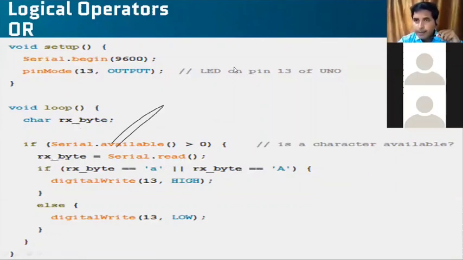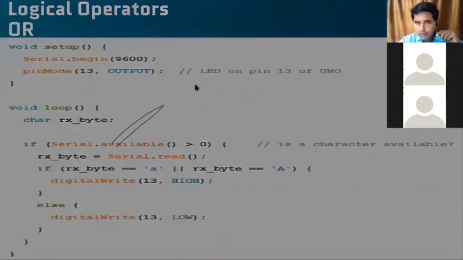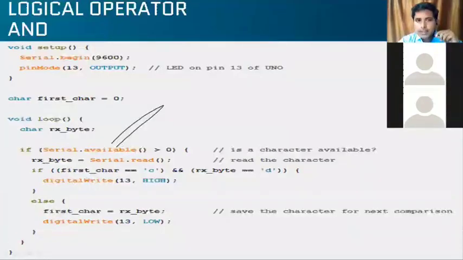Okay. And next one, I'll use the AND operation. See here what AND operation I'll use. Again, it's a LED blink operation only. Again, in the if condition I'll put greater than 0, and if my first character is equal to C and second character is D, then set the LED high, or else set the LED low.